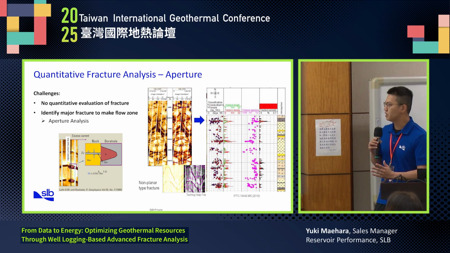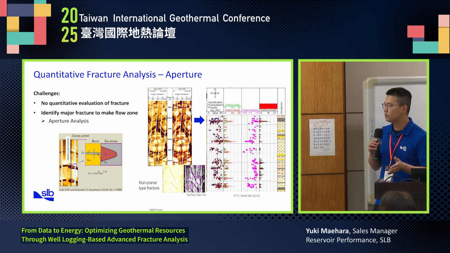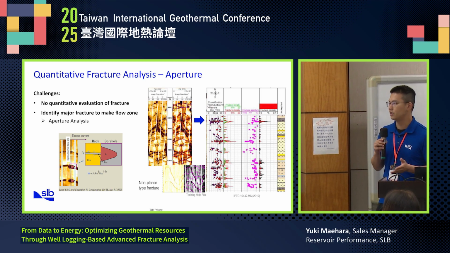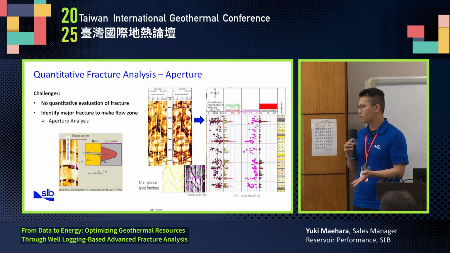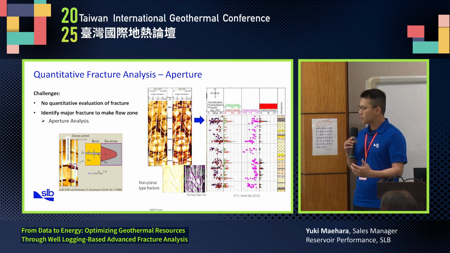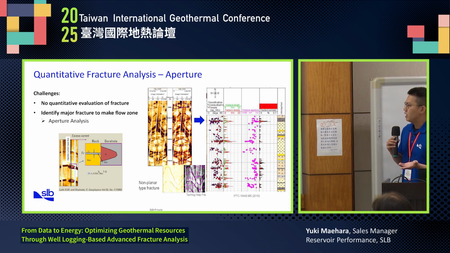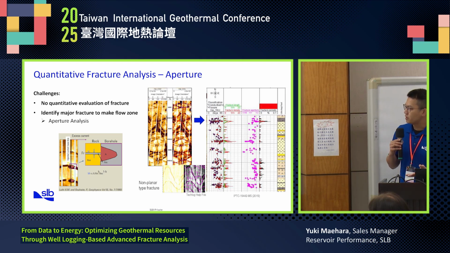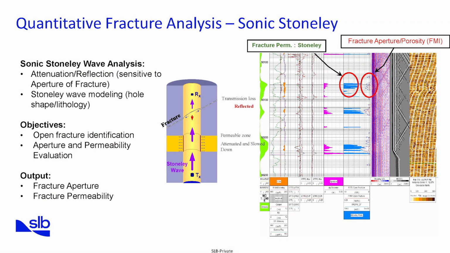This is quite tricky because you can see from the figure, even if you drill a well, you can have an induced fracture caused by the drilling, right? So how can we identify that it's useful, or that the fault zone is already there? First of all, we pick all the dips from the FMI image, and then we can identify together with the Sonic Scanner Stoneley waves.